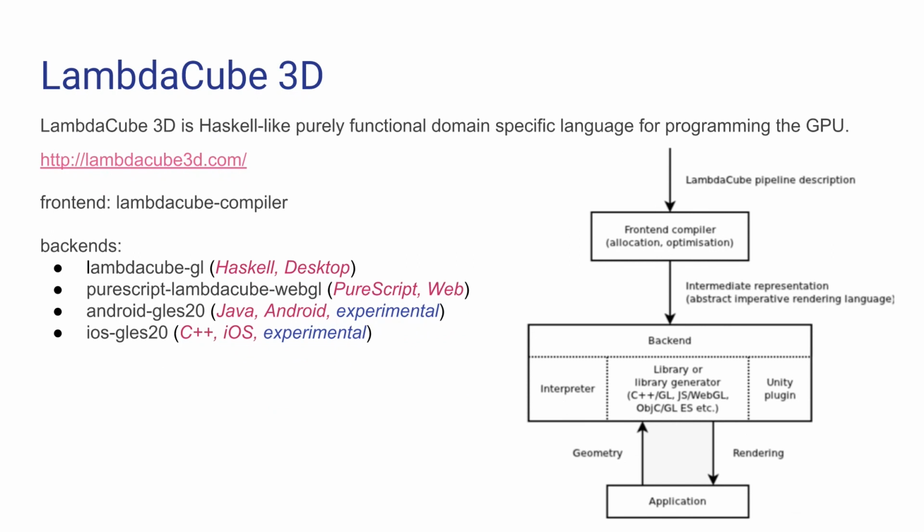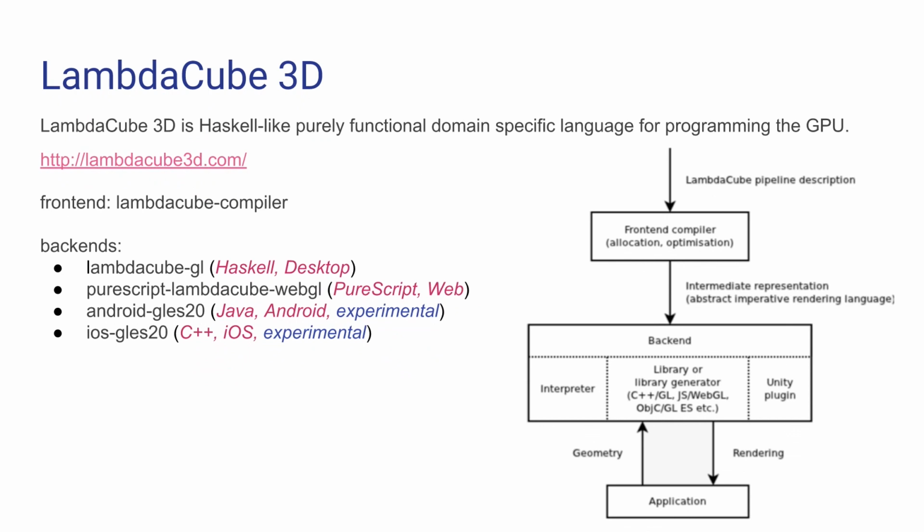LambdaCube 3D is an implementation of this approach. It's a Haskell-like language. It has its own compiler, and if we want to use it, we have to describe the whole graphics pipeline, the engine essentially, in this language, and choose a backend for our application.